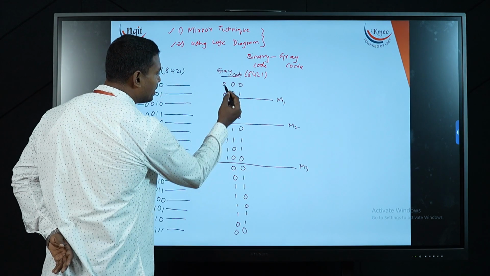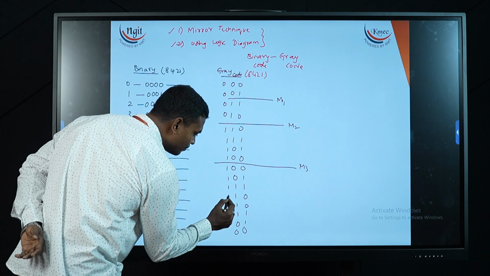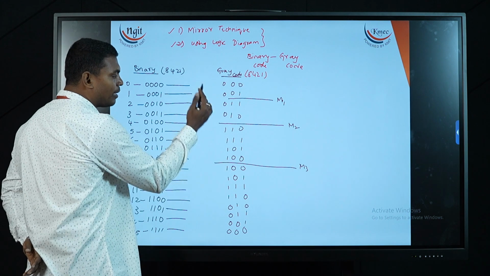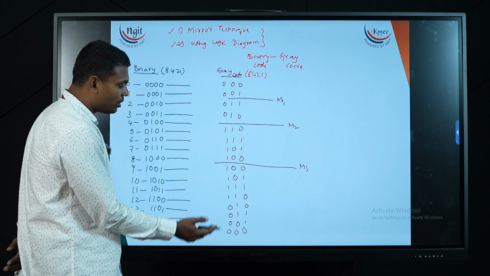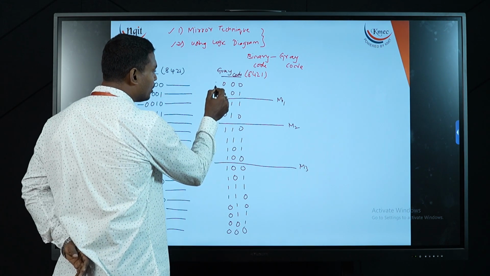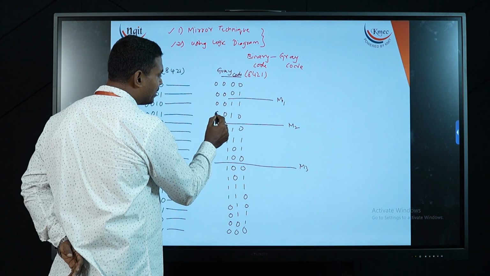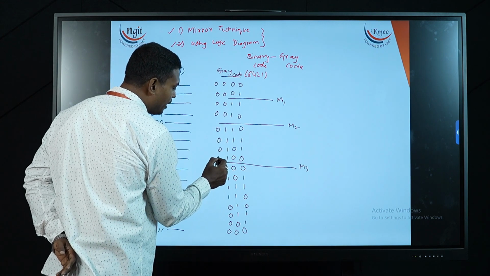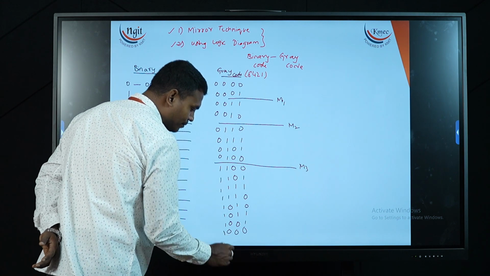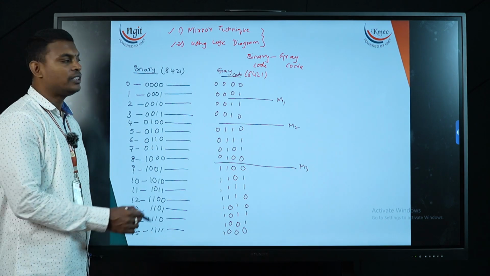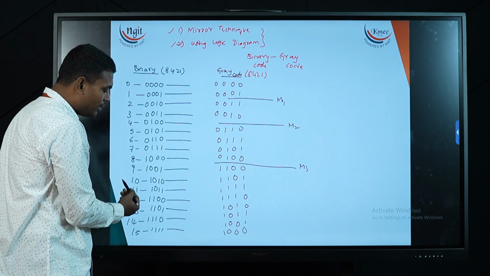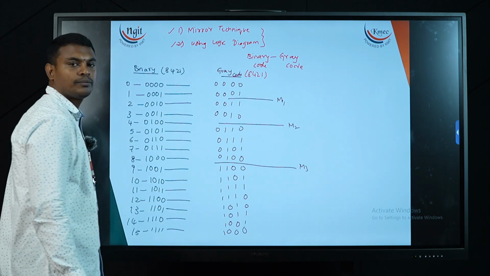Next, this will be 4 ones and 4 zeros. Now I have completed writing the mirror image of my numbers on top of the mirror. Then I place 8 zeros before the mirror and 8 ones after the mirror. So this is how I have generated gray code from binary using the mirror concept.